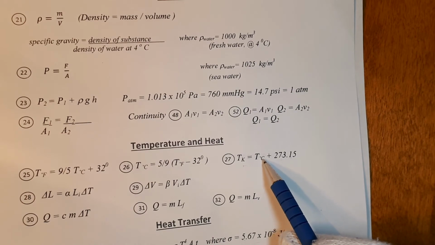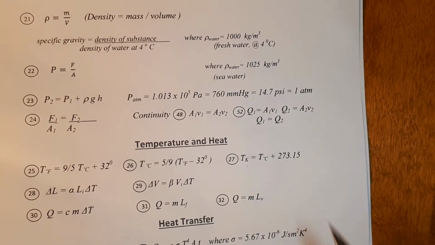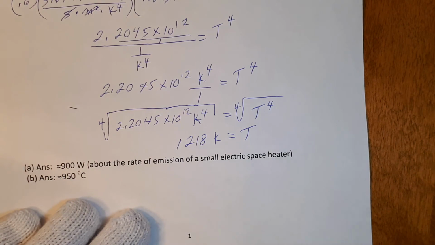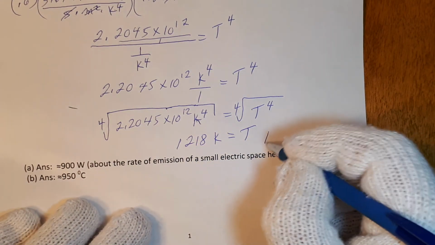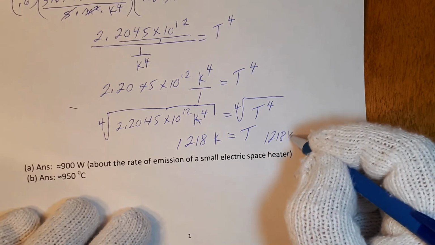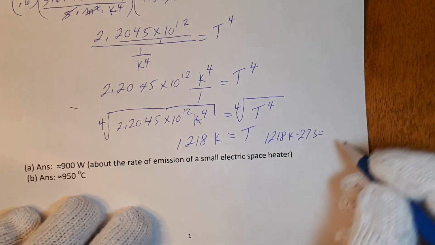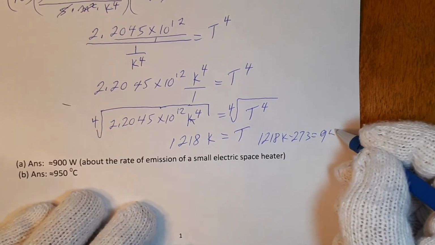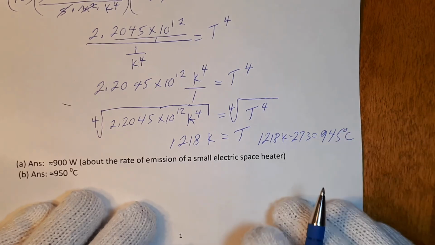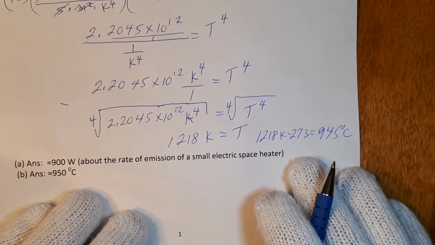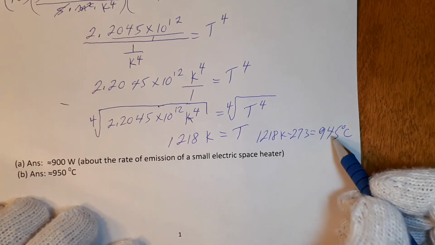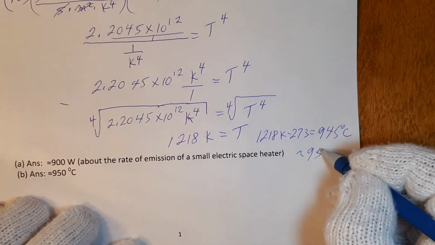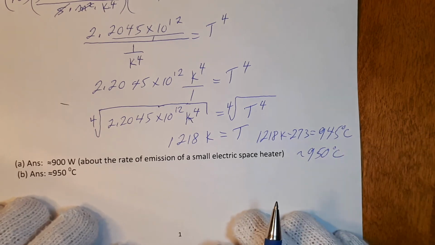To find Celsius, it's Kelvin minus 273. Taking the value of Kelvin, that's equal to 945 degrees Celsius. Rounding that to 2 sig figs, approximately 950 degrees Celsius.